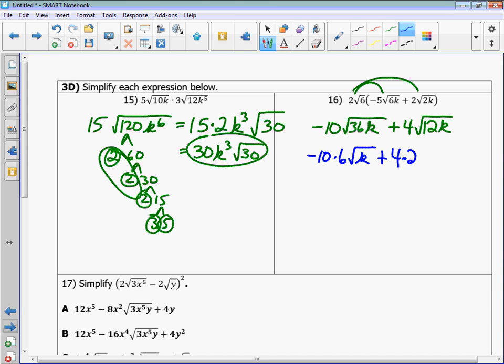Simplifying this further, negative 10 times 6 is negative 60 square root of k plus 4 times 2 is 8 square root of 3k. They are not like terms because we have just k on one radical, and the other radical is 3k. These are not like terms. So all radicals have to be the same and everything underneath.